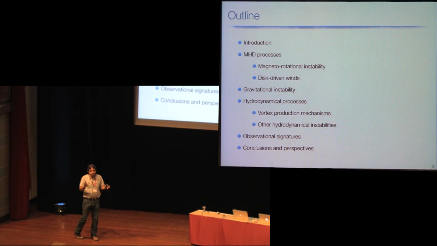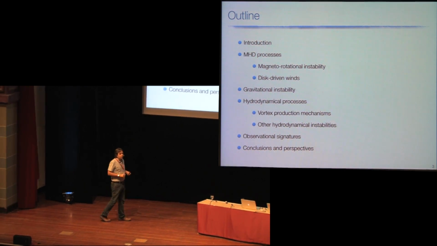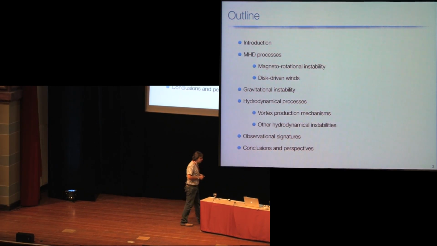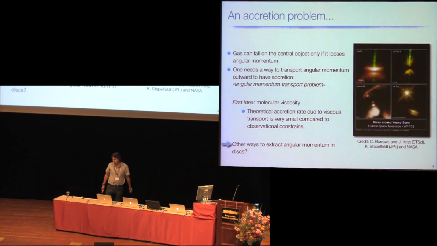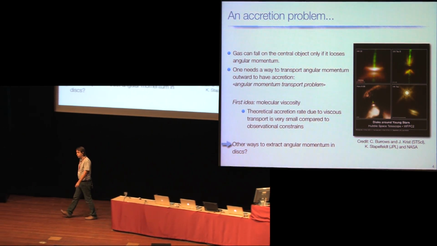I will then do a short review on gravitational instability, and then I will explore a few novelties, so to say, which are hydro instabilities in disks, and I will try to make some connections with observations.